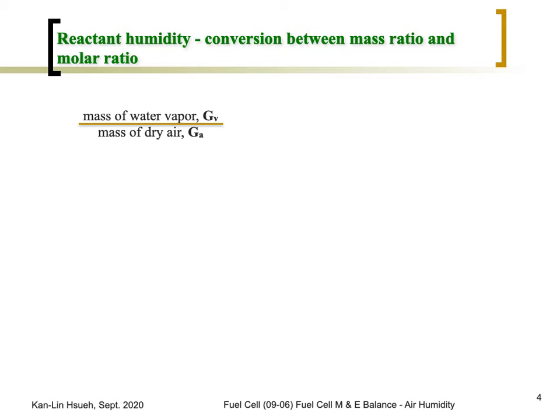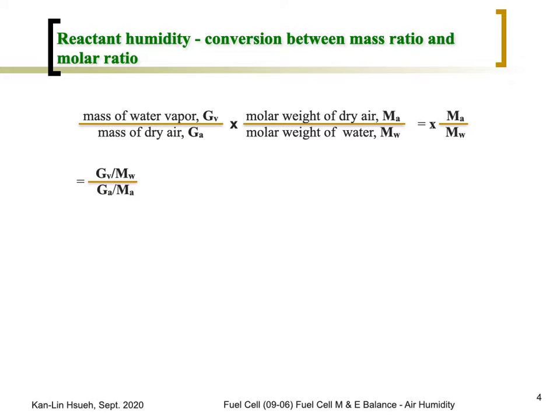For X, it is the mass of water vapor divided by the mass of dry air. If we multiply by the molar weight of the dry air and divide by that of the water, we end up with X times MA divided by MW, which comes out equal to the moles of water divided by the moles of dry air, which is Xi.